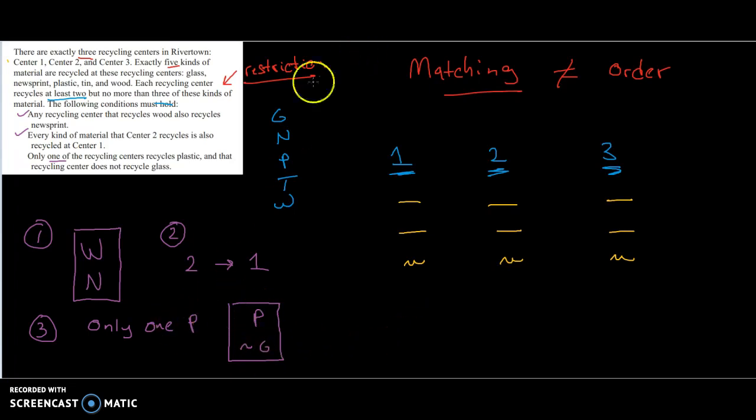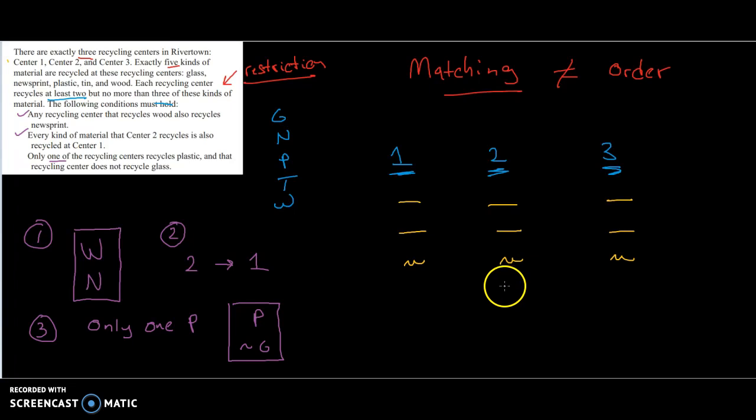But here's where we can make one further analysis. Think about it like this. Only one of the recycling centers is allowed to have a P in it, but notice rule 2. Rule 2 says whatever's in 2 has to be in 1.